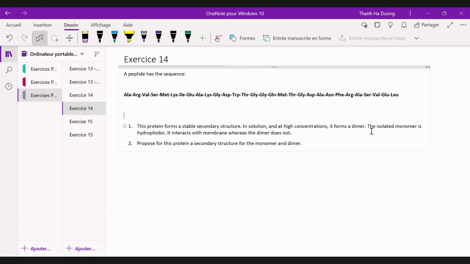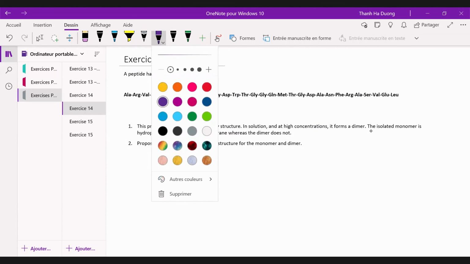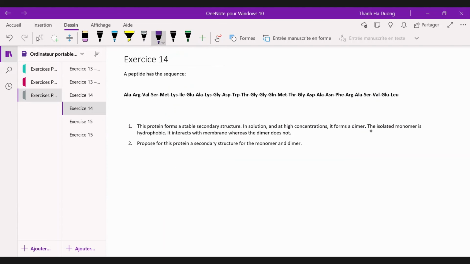So you have to tell me which amino acids are hydrophobic. I will put the amino acids in violet. Alanine, is it hydrophobic or not? It's hydrophobic. Arginine? No, hydrophilic. Valine? Hydrophobic.